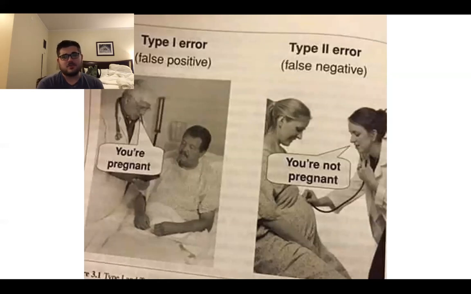Type 2 errors are pretty bad too, because you're saying there's nothing there when there actually is something there. You're like the person on the right here. So imagine if there actually is something you almost discovered, you almost discover that there is this way to help people with anxiety.